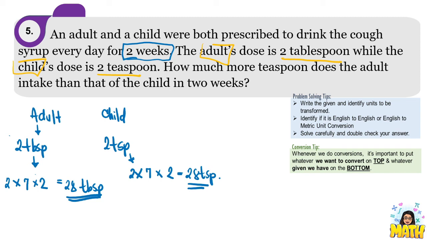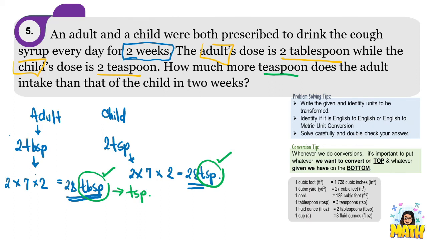So again, notice that they have different units. Ito ay tablespoon, ito naman ay teaspoon. Ito ay nasa teaspoon na, so we need to convert itong tablespoon into teaspoon. So we can use this conversion unit wherein 1 tablespoon equals 3 teaspoon. 28 tablespoon yung may letter B, and then we need to convert it into teaspoon.